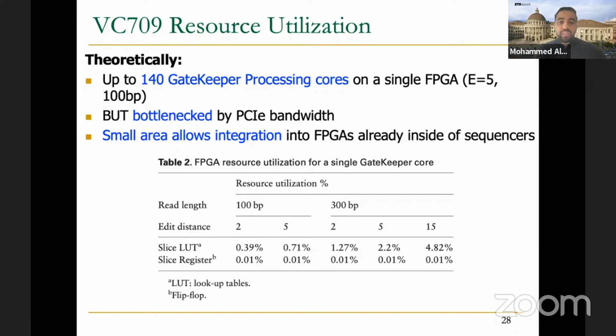That tells you the amount of parallelism you can achieve: how many problems you can solve in parallel, where each problem independently handles two sequences of length 100 or 300, for example. If we have 5%, it will fit about 20 of these problems together. If you have less than 1%, then you can fit 100 of these replications.